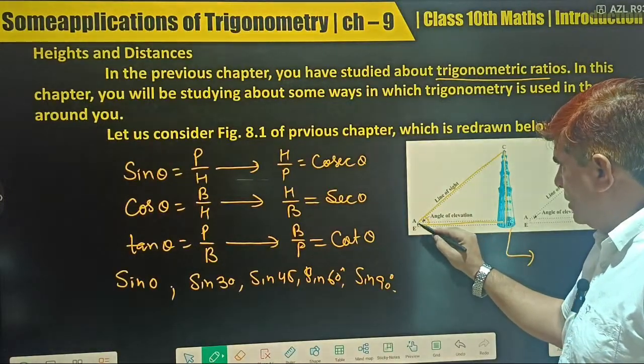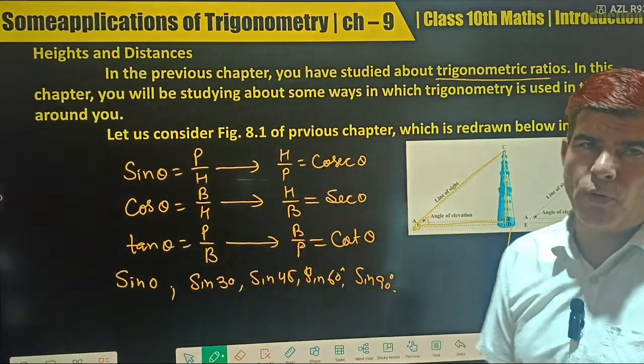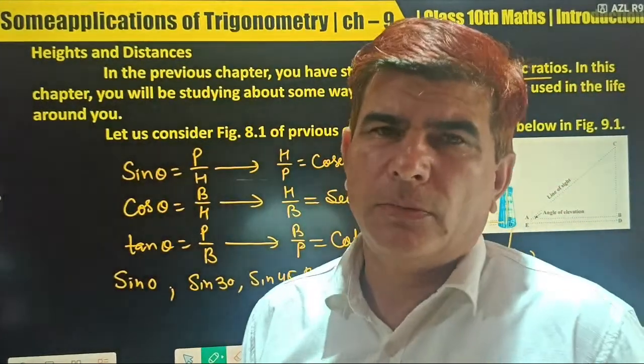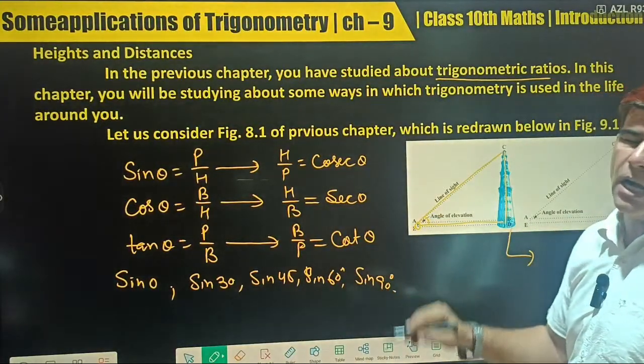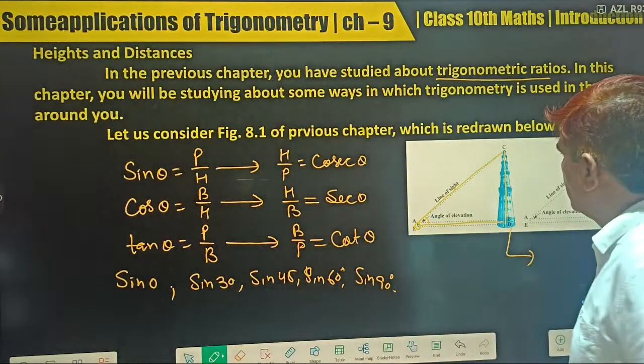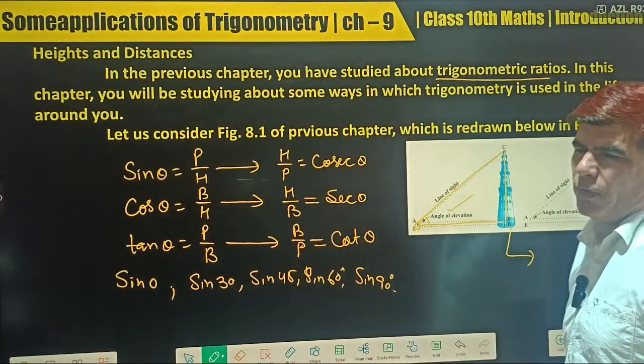If a person is standing here and looking at the top of this Qutub Minar, one angle is formed in the eyes of that person. So this angle is known as the angle of elevation.